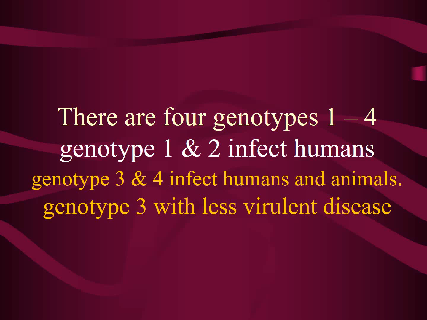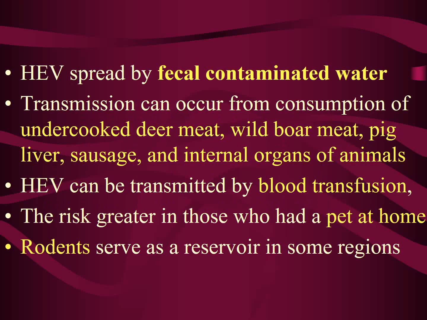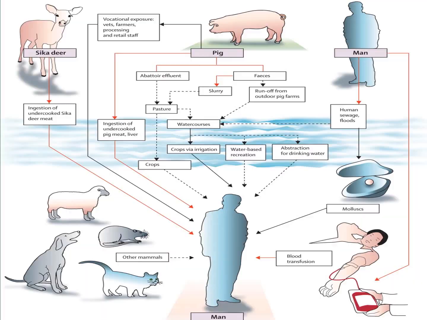As we know now, genotypes 3 and 4 infect both humans and animals. Therefore, we can be infected from animals.